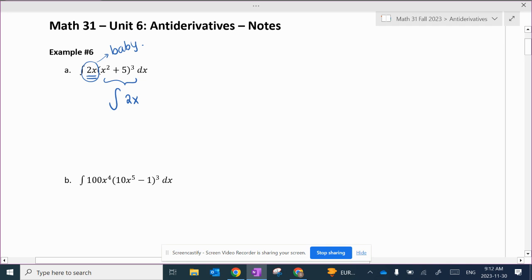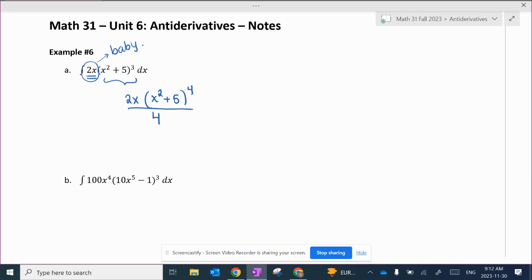I don't need to write this, we'll think about just integrating x squared plus 5 to the power of 3 using a power rule. So what would that be? If I were taking the antiderivative of something cubed, what would that become? Something to the power of 4, good, over 4. Now, because this is a composite function, when we were differentiating it, we would have had to use the chain rule.